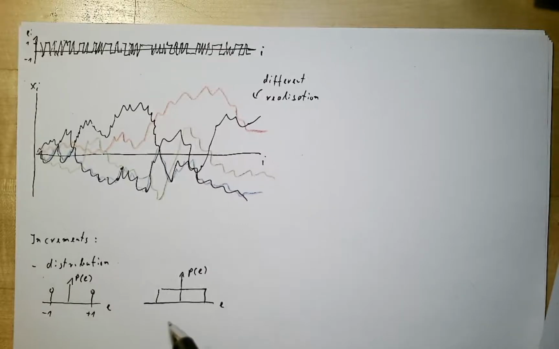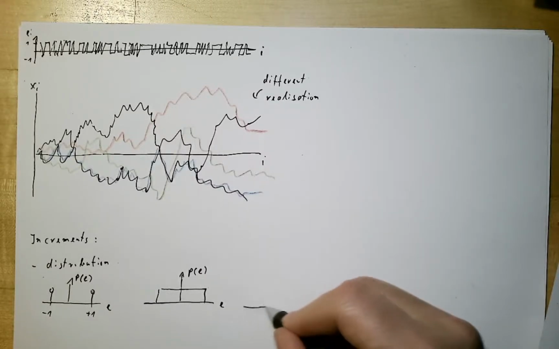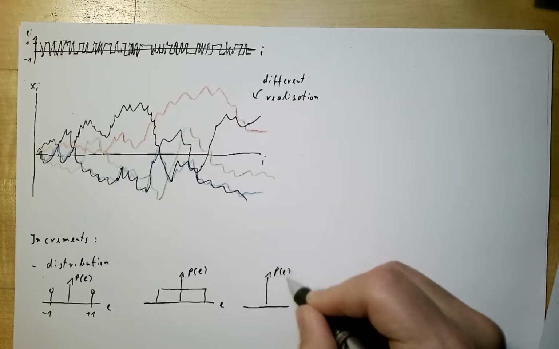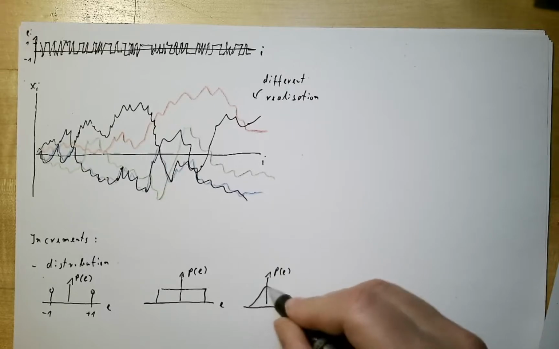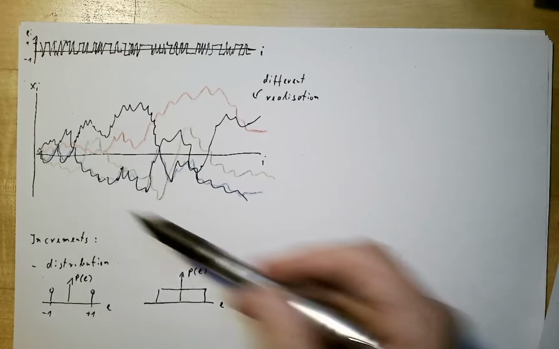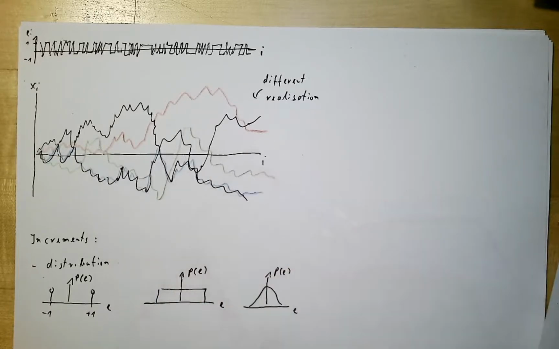So you could have, for example, a uniform distribution. We could have, for example, a Gaussian distribution. Then the question is now, depending on the distribution of the increments, what are the properties of the random walk.